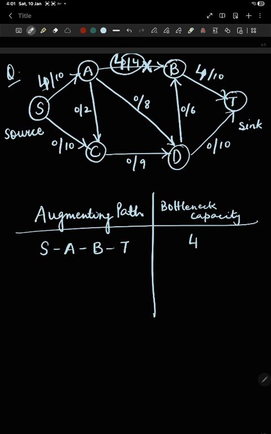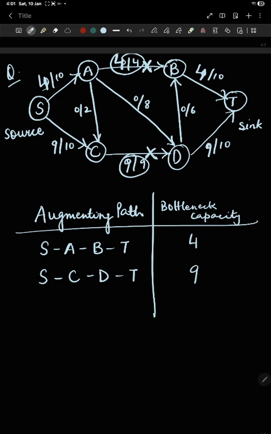Okay, now second we'll take S, then C, then D, and T. In this path, what is the minimum? It's 9. Okay, so we'll write 9 out of 9, cross this path. Here it is 9 out of 10.